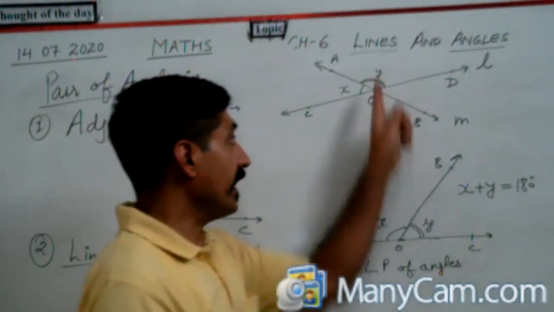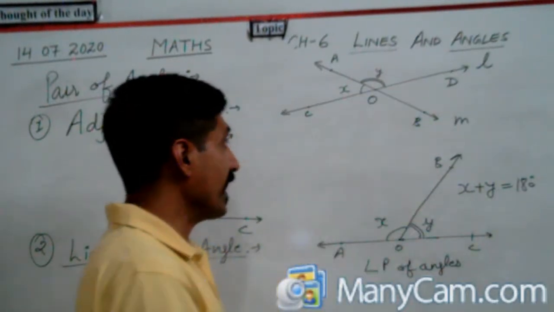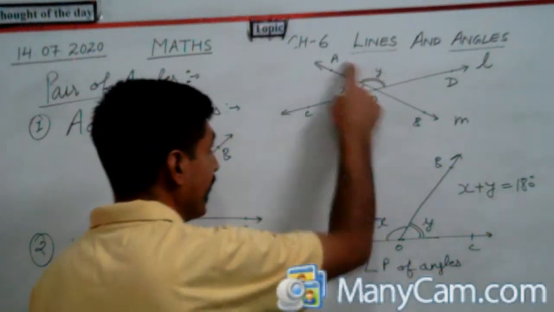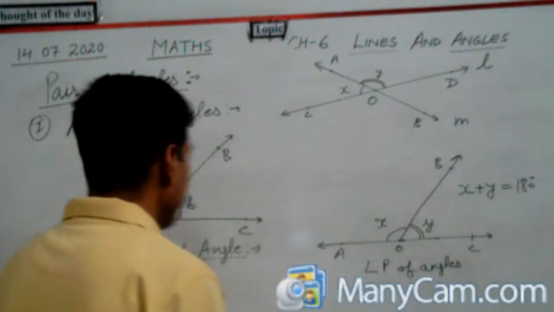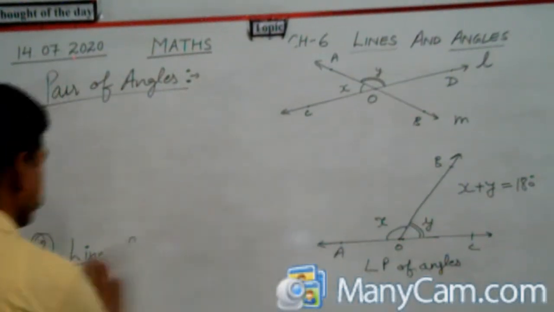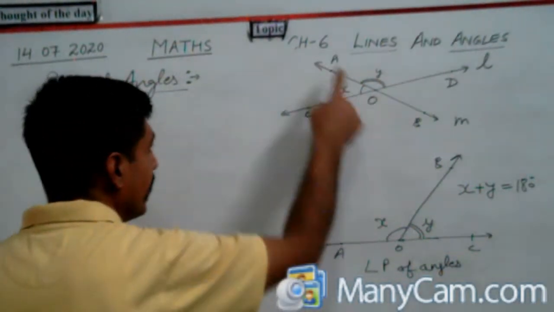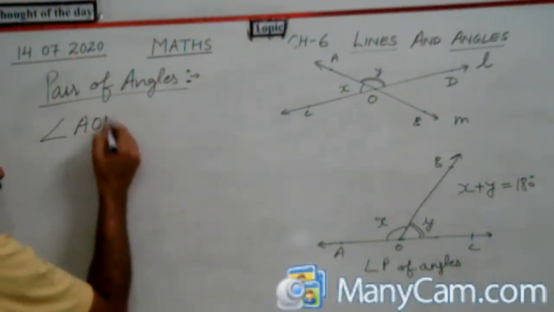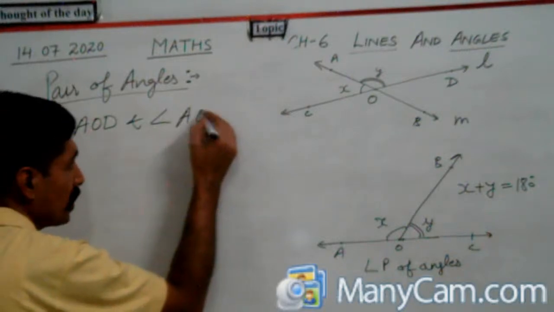Then here this angle X and Y, or I can say the angles AOB and AOC, they are a linear pair of angles, right? Angle AOB and angle AOC.